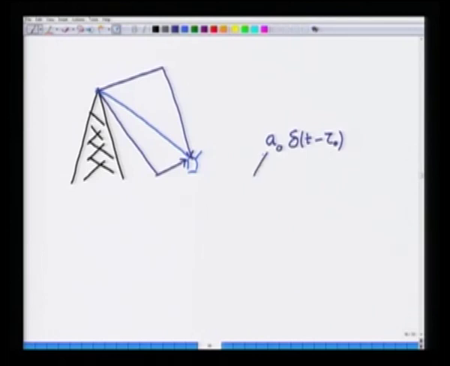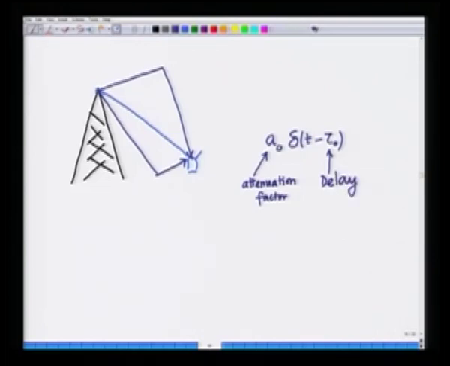So, a naught is the attenuation factor, and tau naught is the corresponding delay.